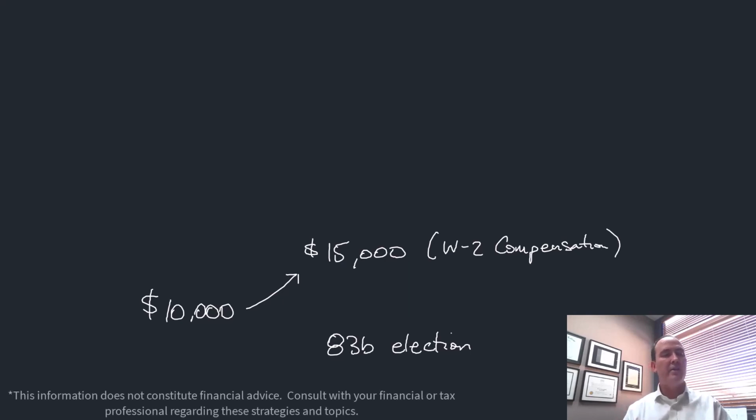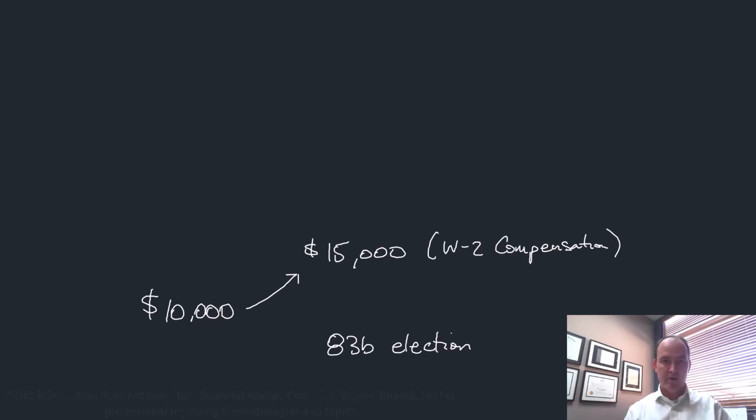So if I make the 83(b) election, I need to be pretty confident of two things. One, that I'm going to be working for the company long enough that I will satisfy the requirement for the restriction to be lifted. And number two, that the stock is likely to appreciate, so that there's gains there for me to actually benefit from the favorable long-term capital gain rates.